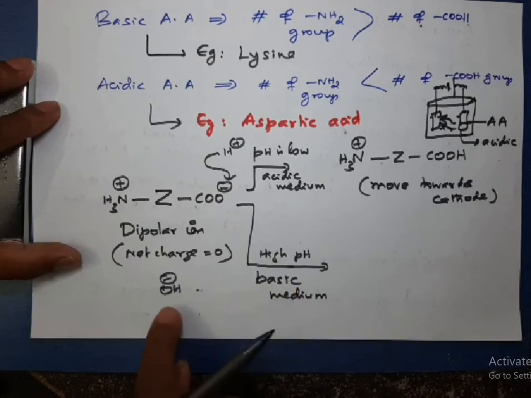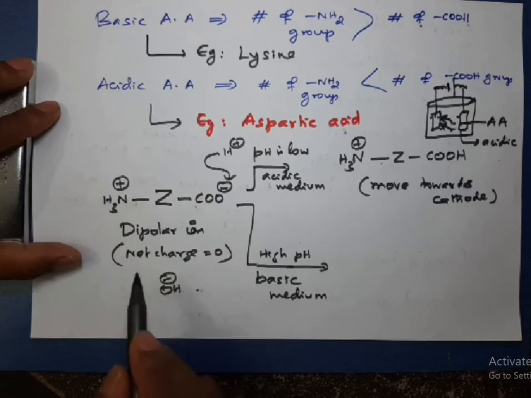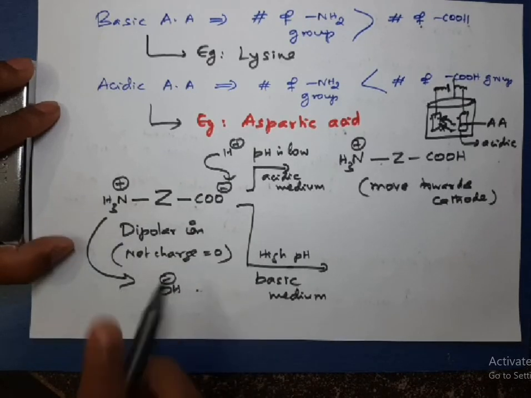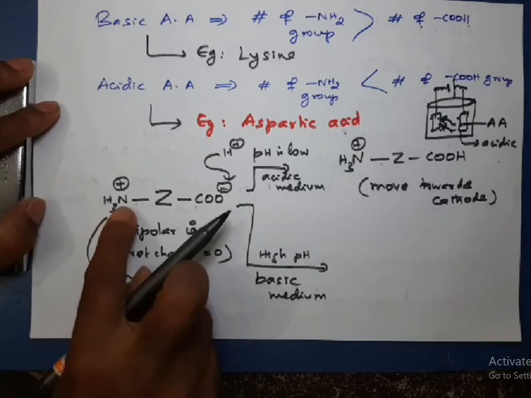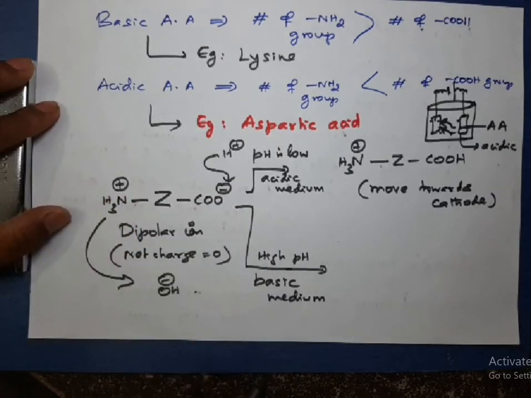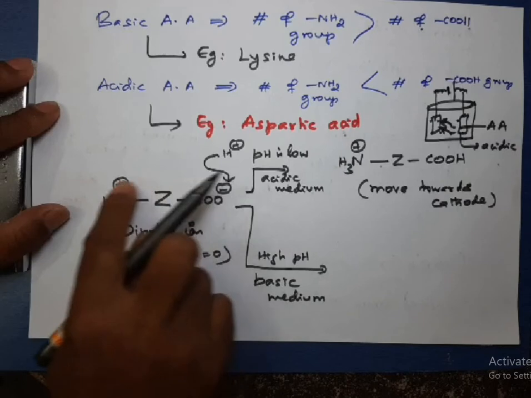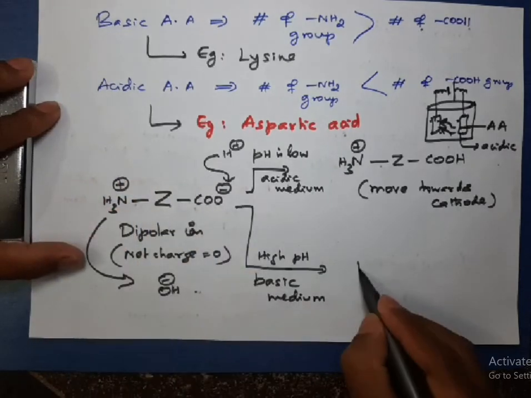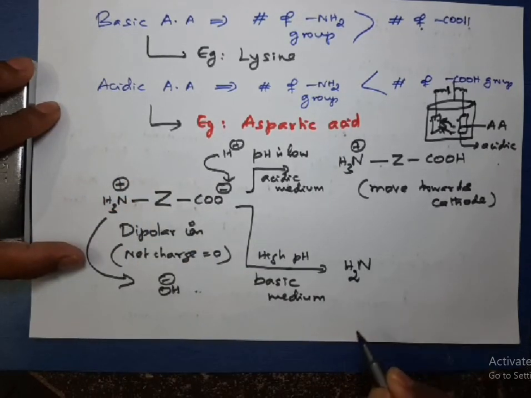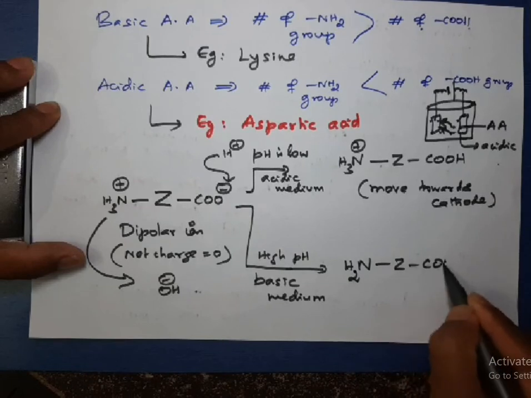Basic medium means the solution contains more OH minus ions. What will OH minus do? It will remove H plus from this NH3 plus group. If it removes H plus, this becomes NH2, so it becomes NH2 with COO minus.